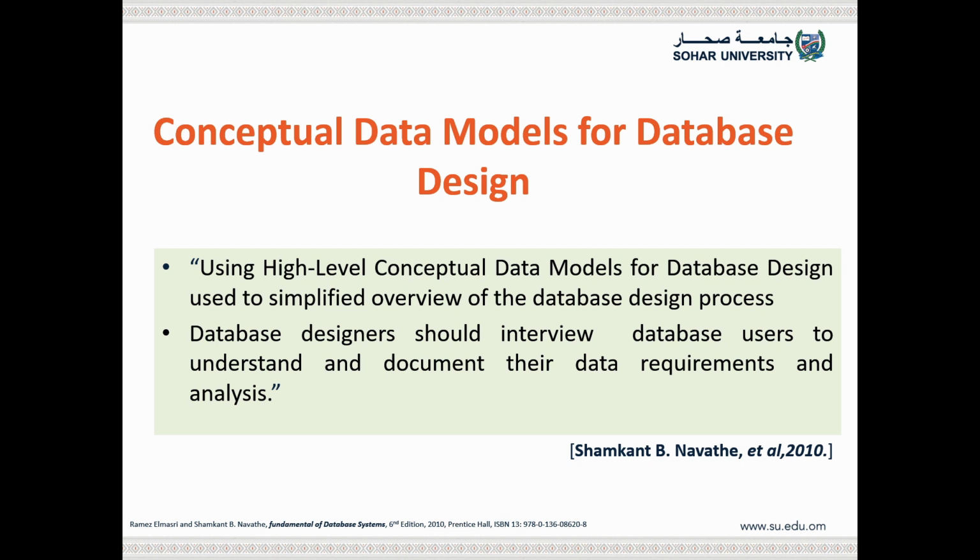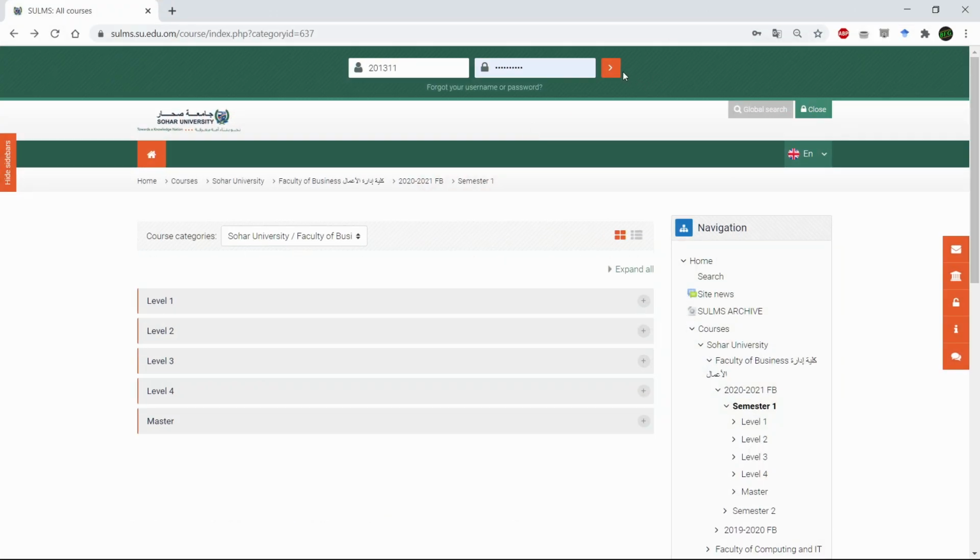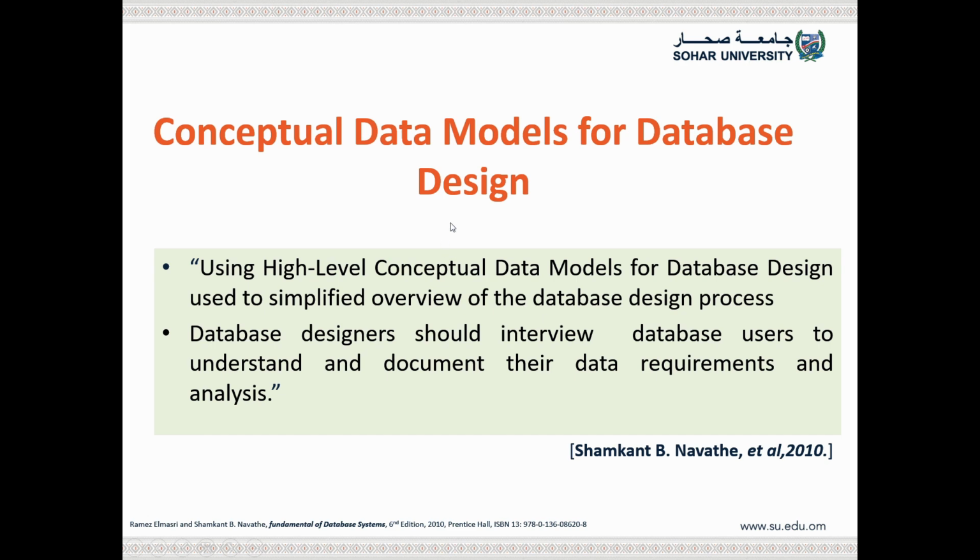If I log in as a student, and they show me information about other students, the teachers and the faculty, I will not know where to go, and I will have a lot of information that I don't need. The only thing that I need is to go inside of my account and look at my courses and my information, the information that is relevant to me. So this is high-level conceptual data.